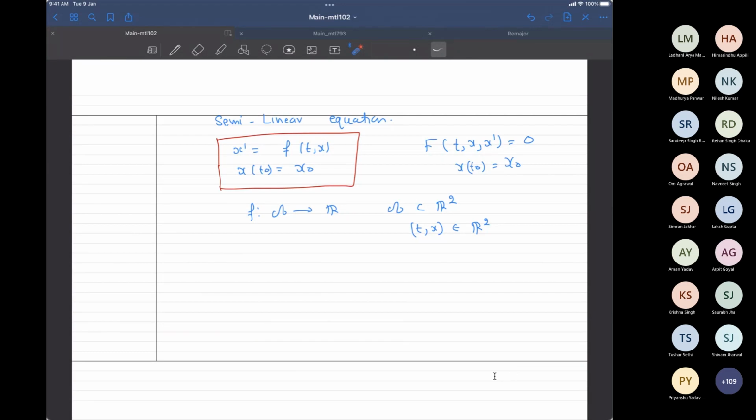Before that, let us try to understand how to solve these kinds of things. What is the philosophy, how do we go about solving them? The main idea is the following. Always we try to convert the differential equation into an integral equation.